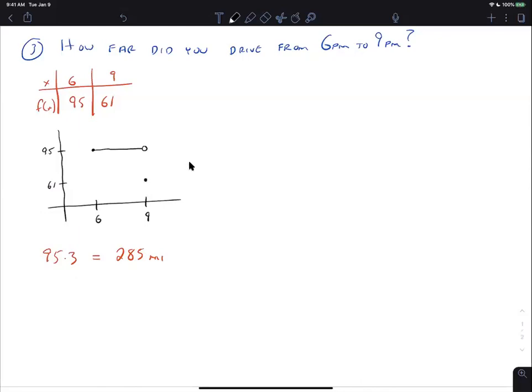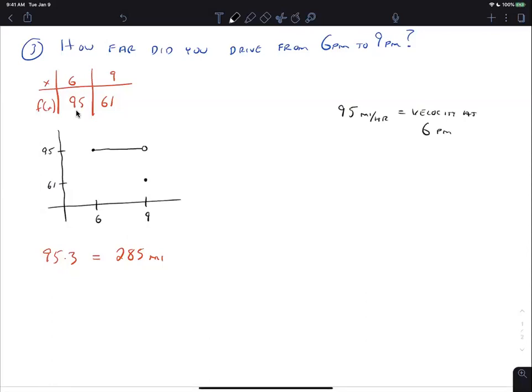Now, we don't necessarily have to be right about that, but let's assume for a little bit that we are. What I want to talk about is what mathematically are we talking about and where does this show up on the graph? So for a second, 95 is your speed or velocity at 6 p.m. Does that make sense?